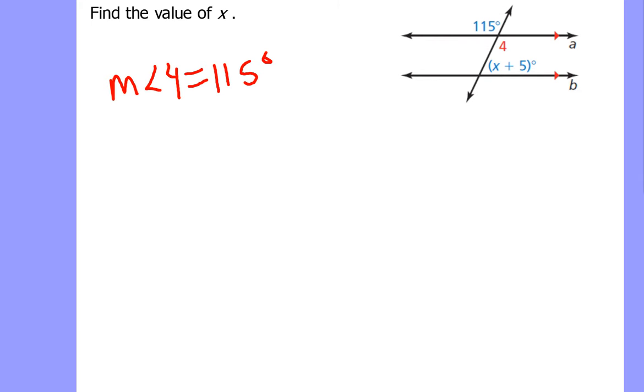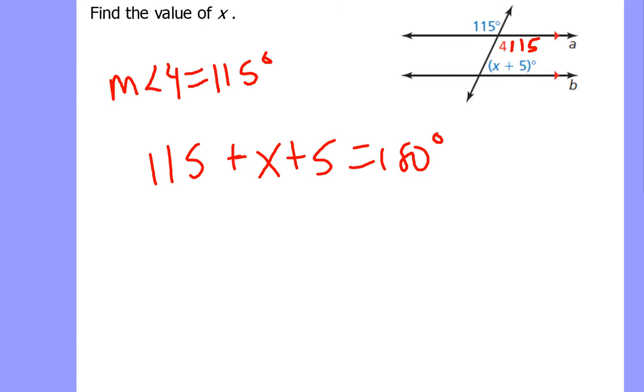And since the measure of 4 is now 115 degrees, 115 plus x plus 5 will equal 180 degrees because they are consecutive interior angles, by the consecutive interior angles theorem.